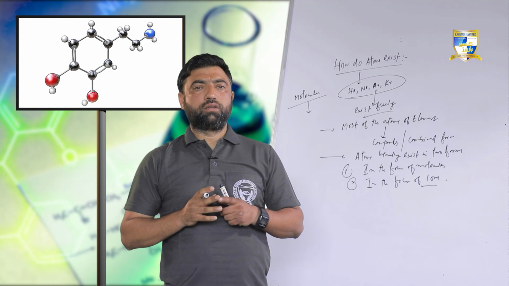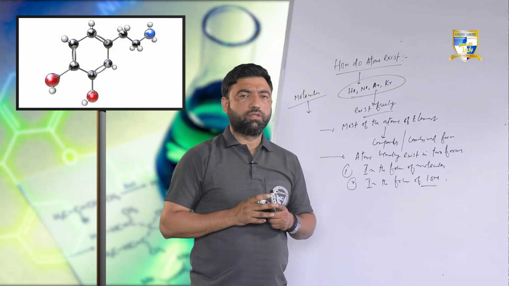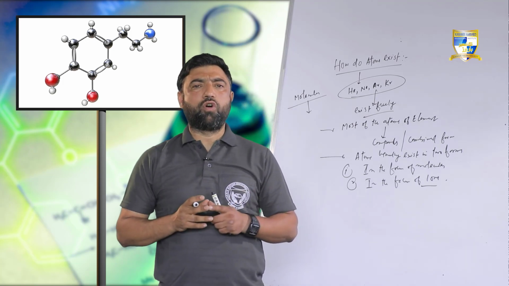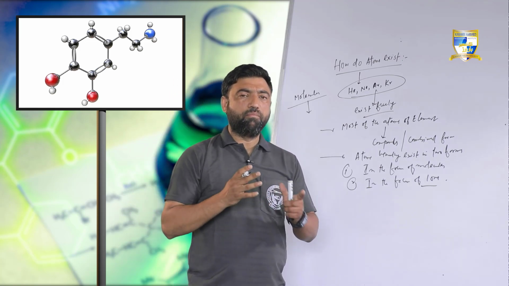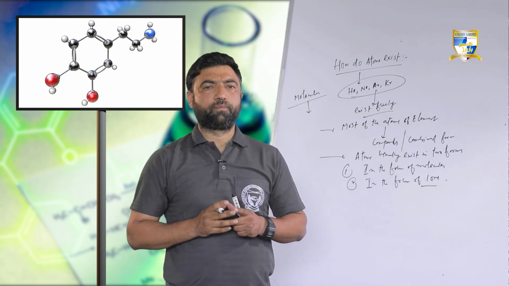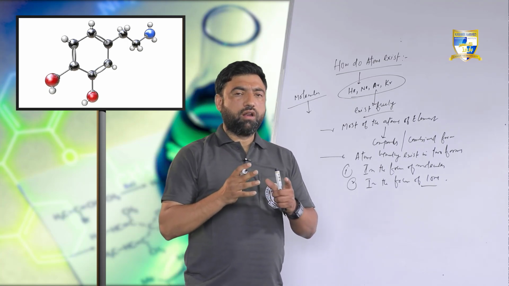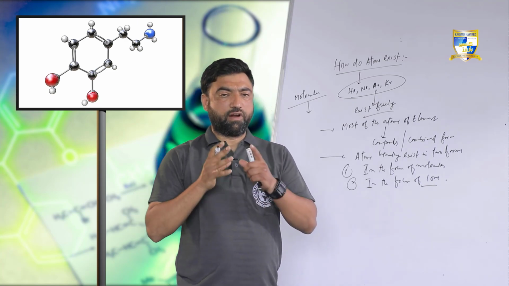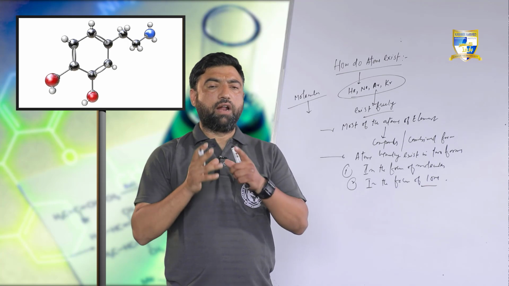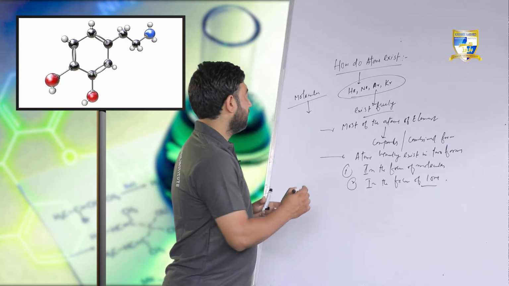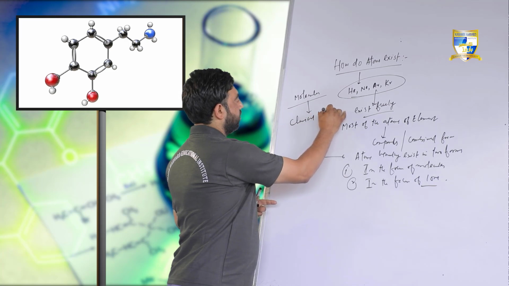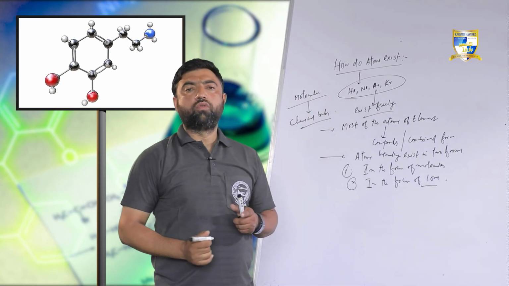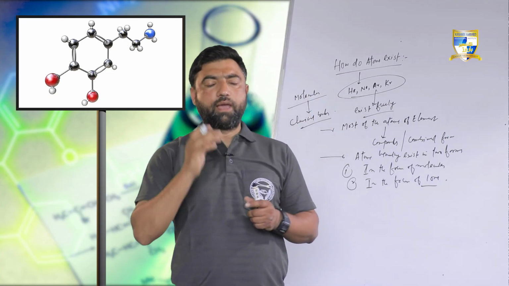That means a molecule is formed by the combination of two or more than two atoms combined chemically together, which are held by some kind of attractive forces, and those forces are called chemical bonds.